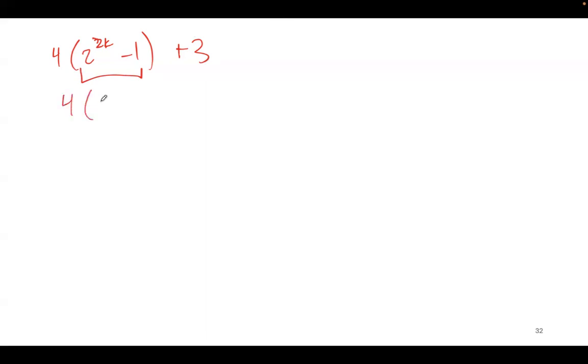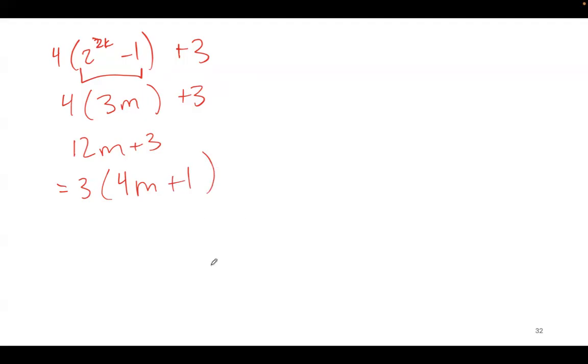We've got 4 times 3m +3. And then we just redistribute the 4. That gives us 12m +3, which gives us 3 times 4m +1.